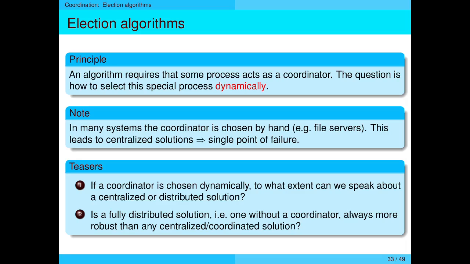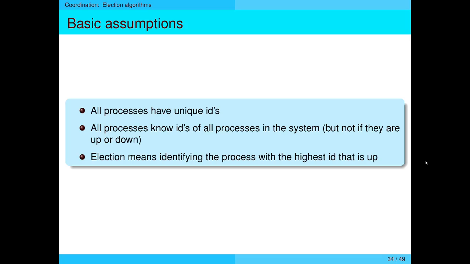You have to consider these things and think about it. But moving further, we assume that all the processes have a unique ID, all processes know the IDs of all other processes, and election means identifying the process with the highest ID that is up, meaning the process is running.